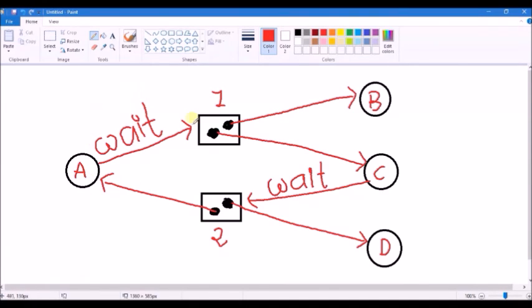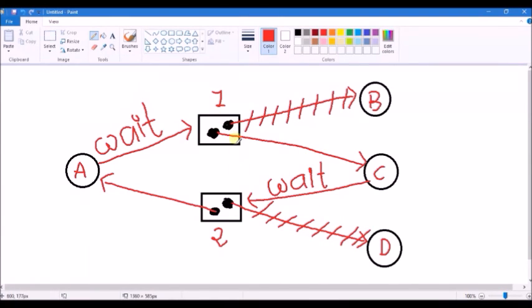Why? Because process B and D already have enough resources, so they both can complete their task, and after completion of their task they will release the resources. So process B and D will release one instance of resource 1 and 2.